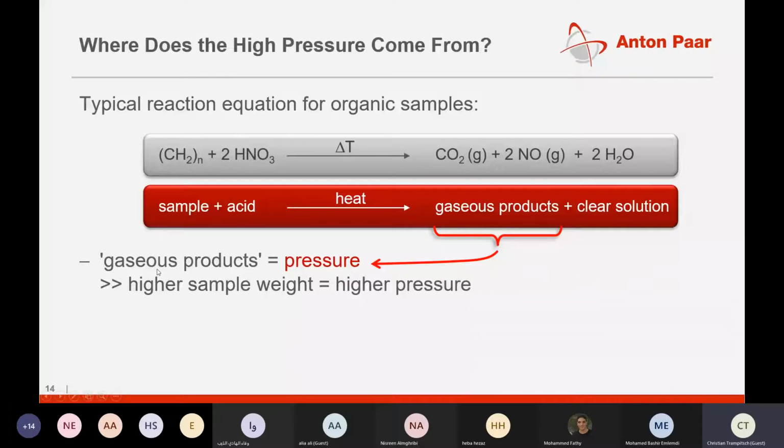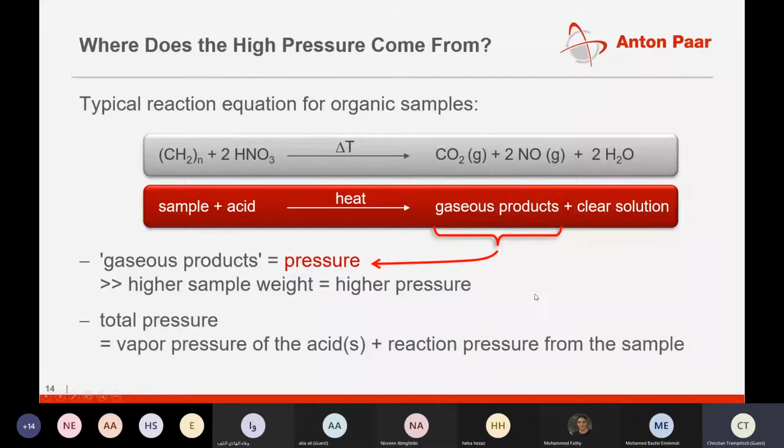We have this relationship: higher sample weight means more gases, and more gases mean a higher pressure inside the vessel. So we have to consider the sample weight as an important parameter for acid digestion in a closed vessel. Too much sample weight might overpressurize the vessel, for example. The total pressure is a sum: you add the vapor pressure from the acids, and you also have to add the reaction pressure from the sample.